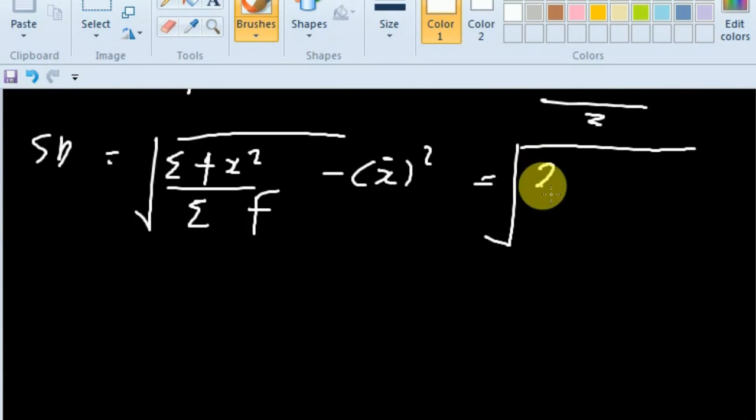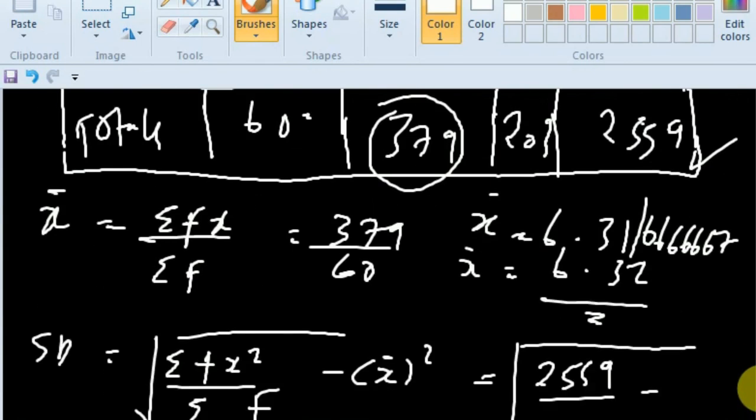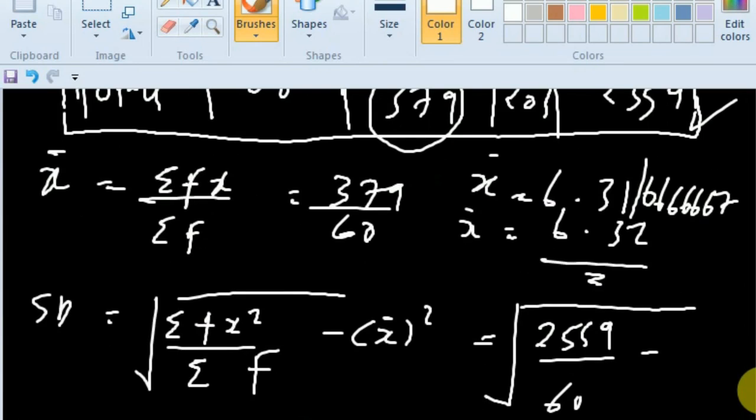So that's 2559 divided by our summation of f. We know that's 60, minus then the mean squared. Our mean, we know that our mean we had calculated is 6.32. So we're going to say 6.32 squared there.